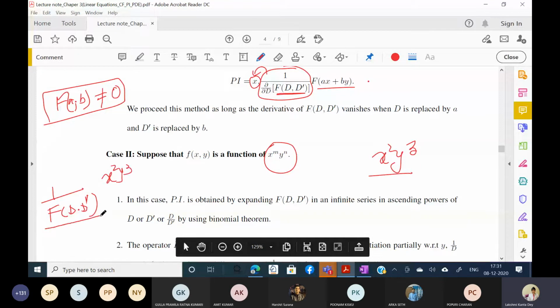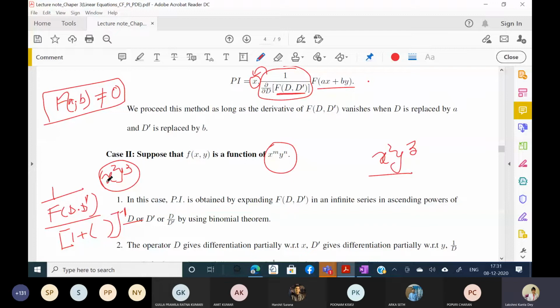So we write 1 plus or minus something, whole to the power minus 1, and then we expand it and operate on the function in the right hand side, because it is a polynomial type function. So it has a finite power, the degree is finite.